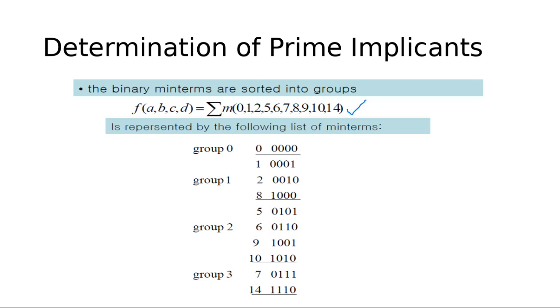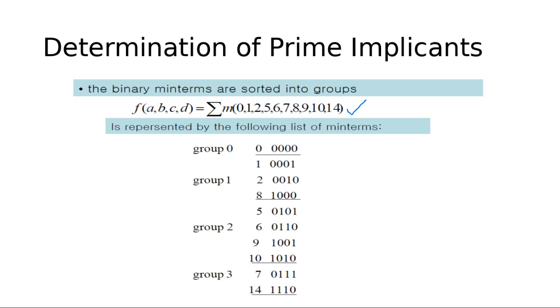I give you minterms 0, 1, 2, 5, 6, 7, 8, 9, 10, and 14, and ask you to simplify this function by using Quine-McCluskey. The first step in this method is to make groups.